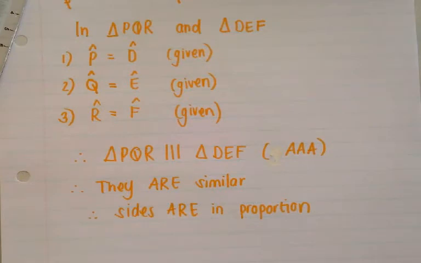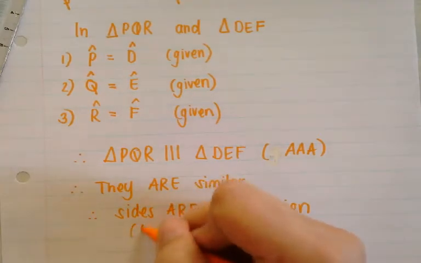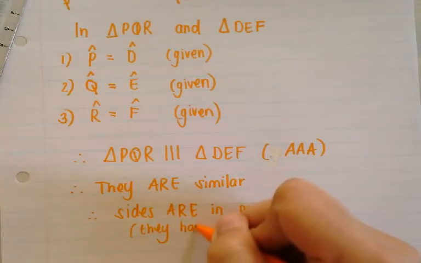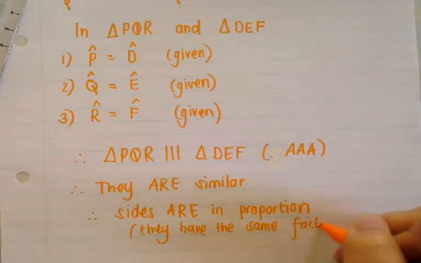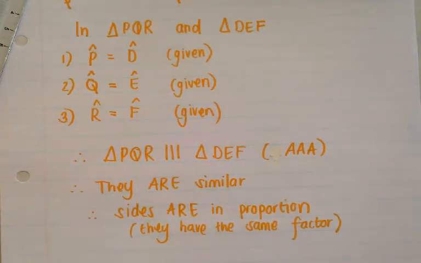They are similar, sides are in proportion, they have the same factor. That means if I divide the matching pairs, all the answers will be the same. Just like we practiced yesterday. But now I need to know which are my matching sides.